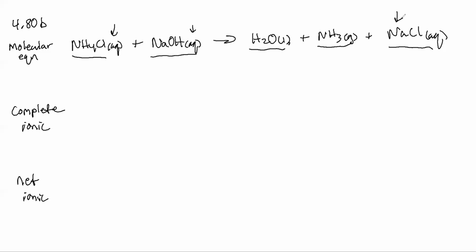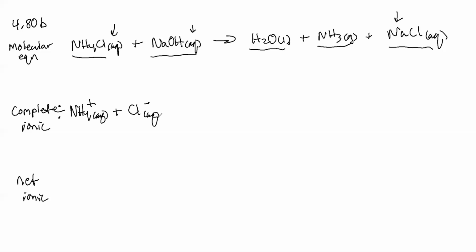So what do we do for the complete ionic? Any of these molecular equations that are aqueous, we're going to separate into respective ions. So in the complete ionic, we have the ammonium ion, because it's soluble and free floating, and the chloride ion, and I have to include the charge if I want to get this correct.